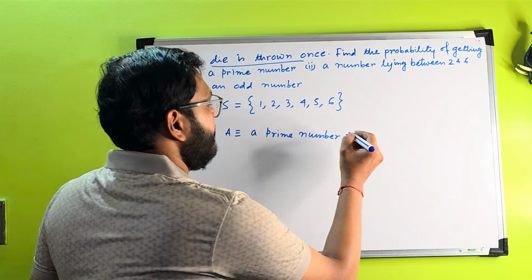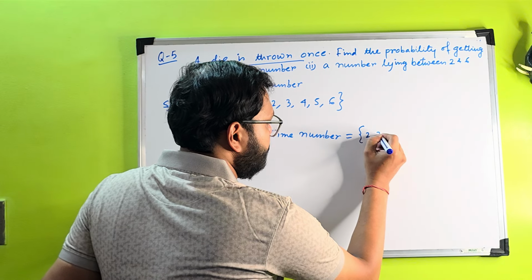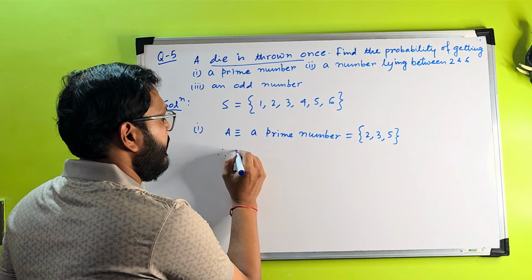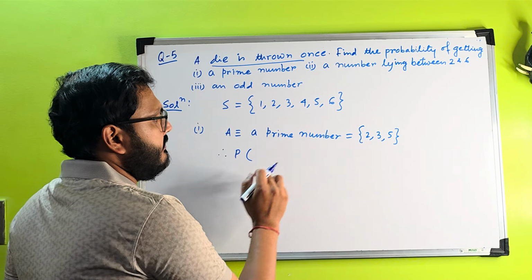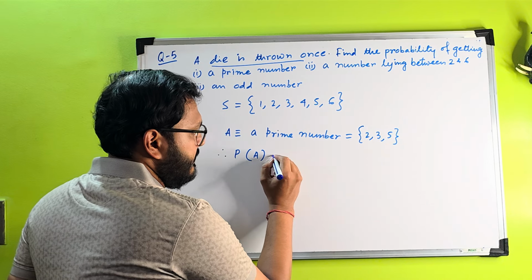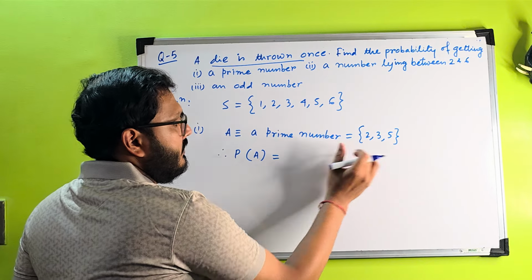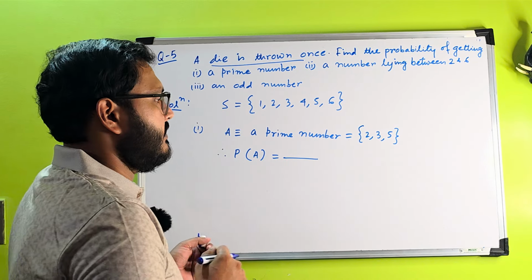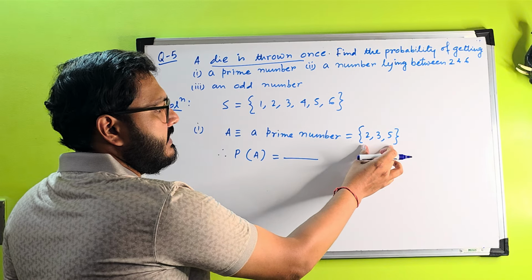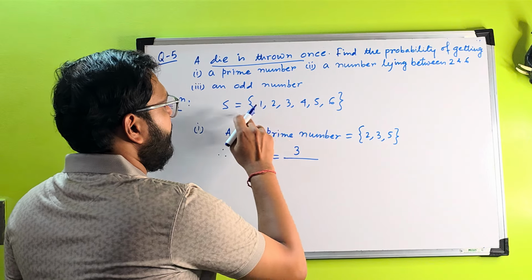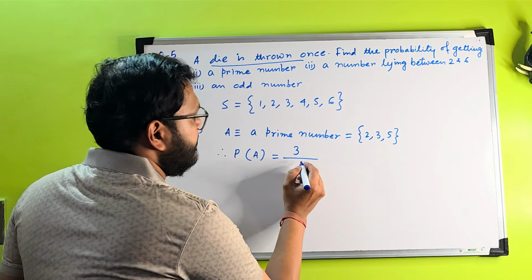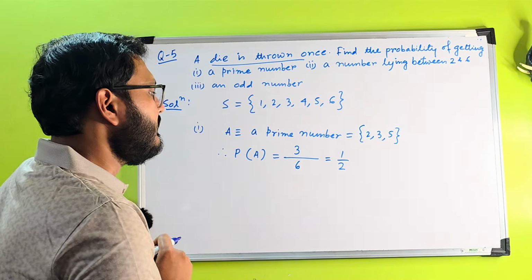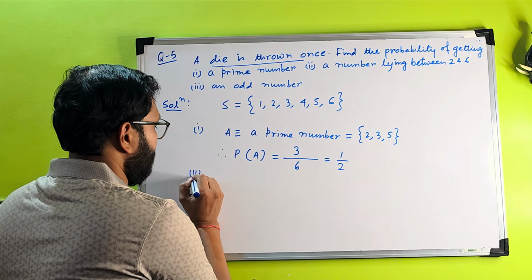So you will write 2, 3, 5. So hence probability of A is equal to favorable number of events by total number of events in the sample space. How many favorable events? 3 are there, and total number of events in the sample space, there are 6. So 1 by 2. Okay, come to the next.